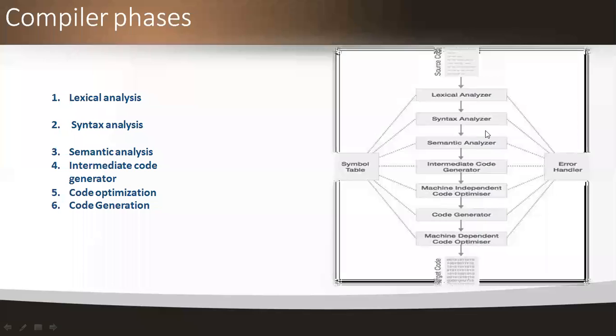We are not taking the source as input to each and every phase. The previous phase output is taken as input to the next phase. Make a note of this. Every time we are not taking the source code as input for performing the internal operation of individual phases. We are taking the input from the previous phase output.